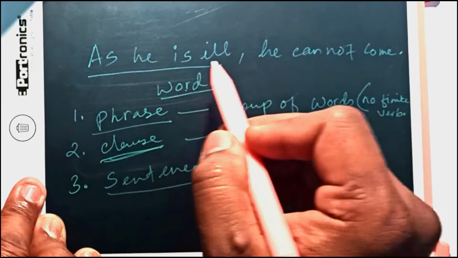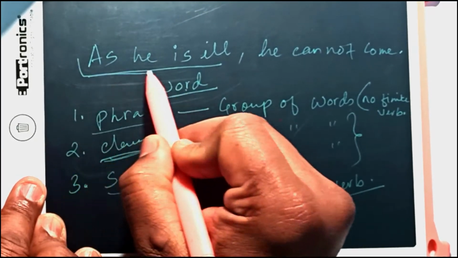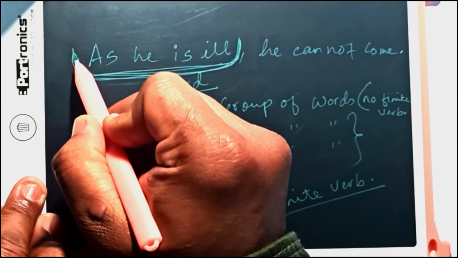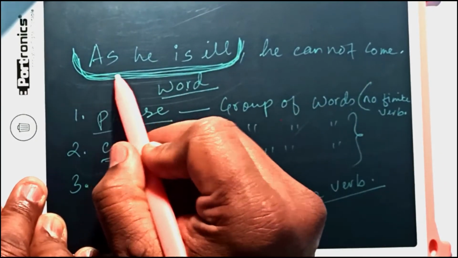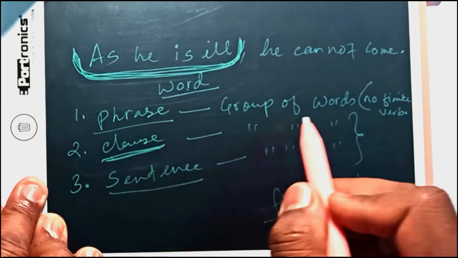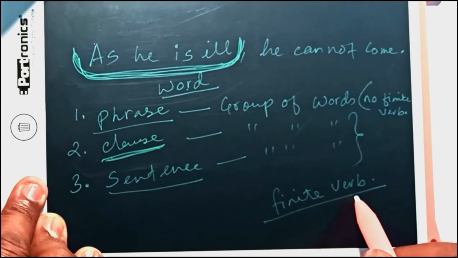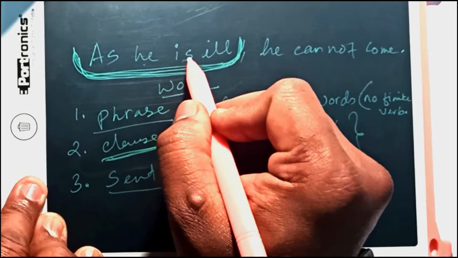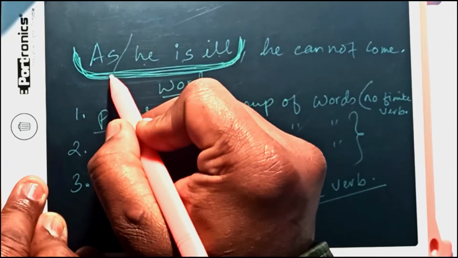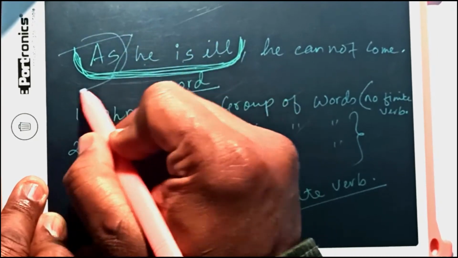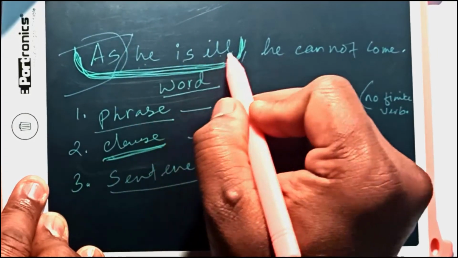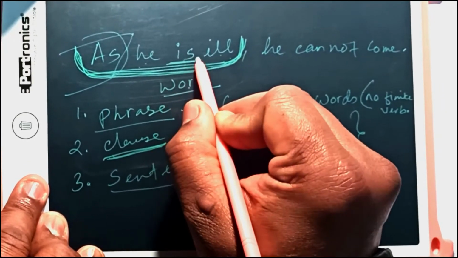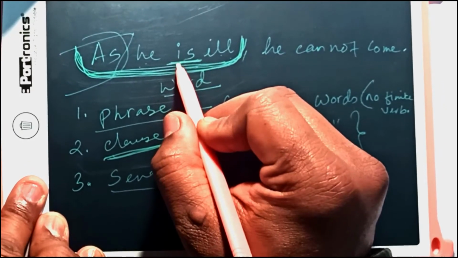So here let us see, this is a group of words. Either it can give you complete sense or not, doesn't matter. It is a group of words with a finite verb. See, he is ill. Now when we cancel this out, we have he is ill. Now this makes sense because our tense here is correct or proper.